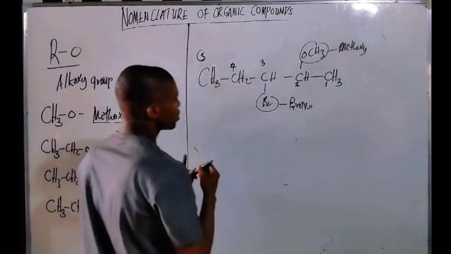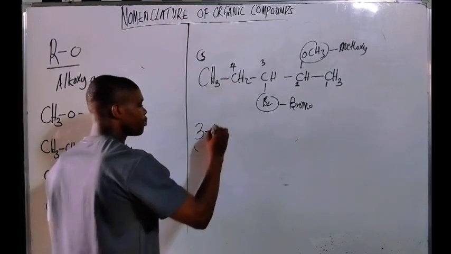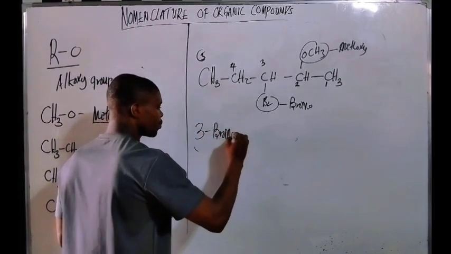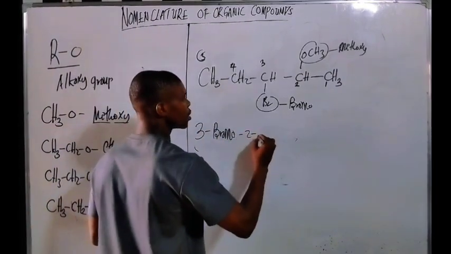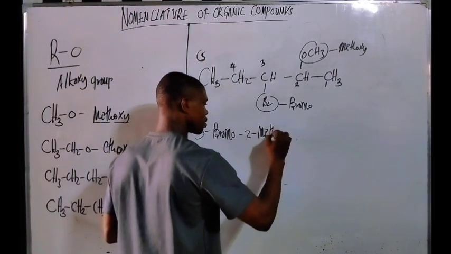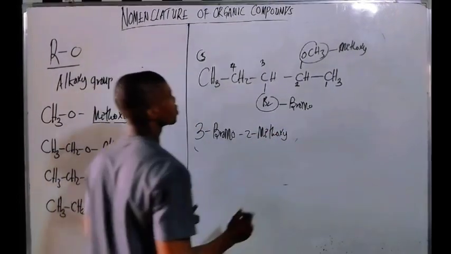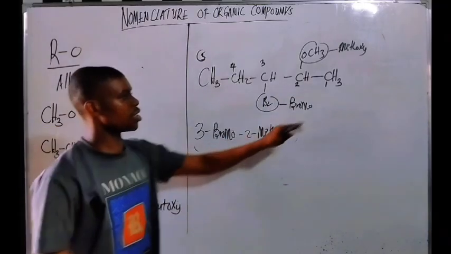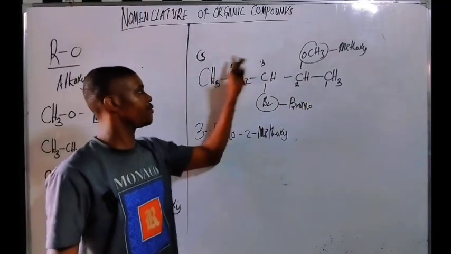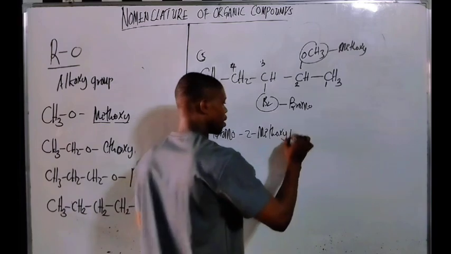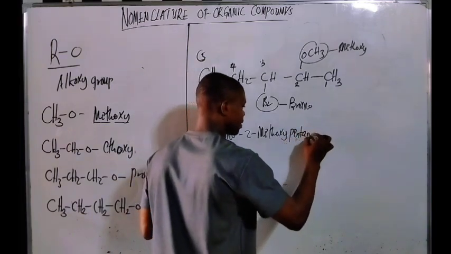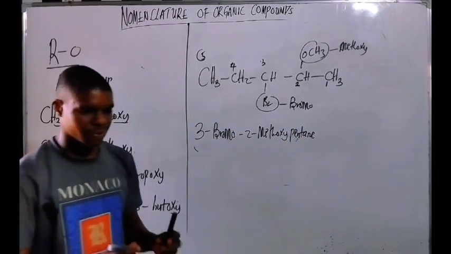So it's going to be 3-bromo, 2-methoxy. Now what is the parent name? How many carbon atoms do you have? 1, 2, 3, 4, 5. So it is pentane. As easy as that.